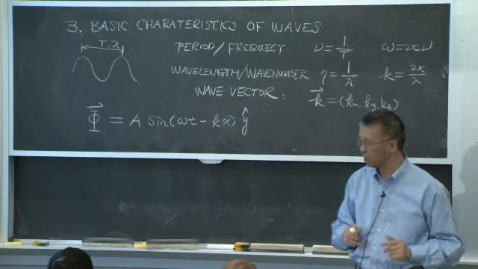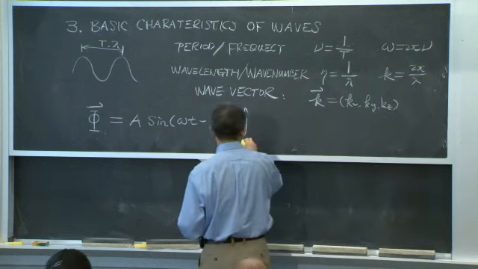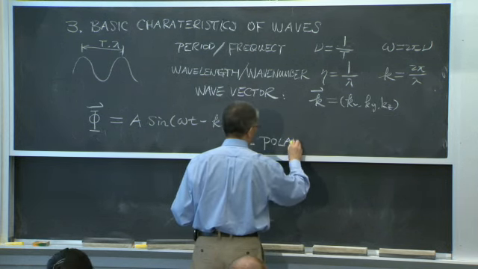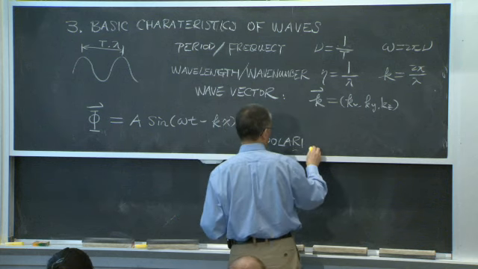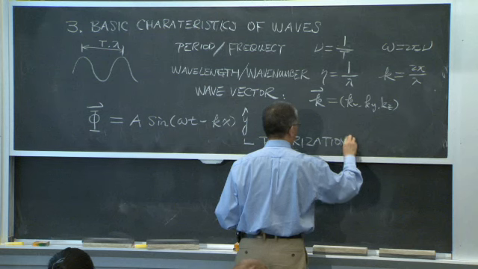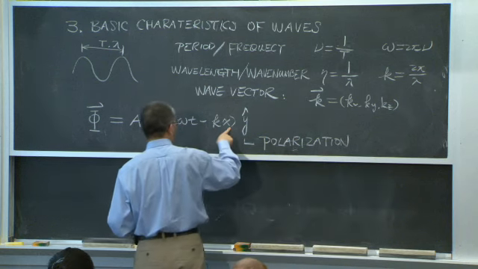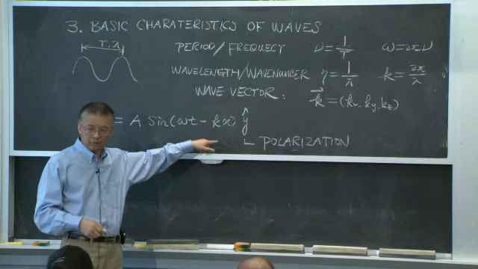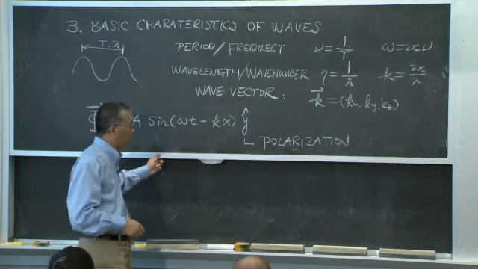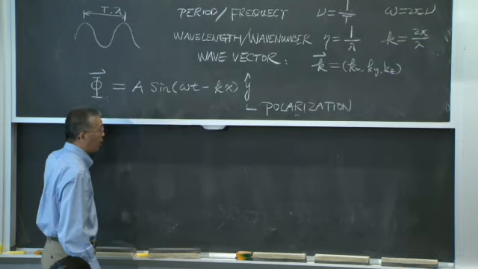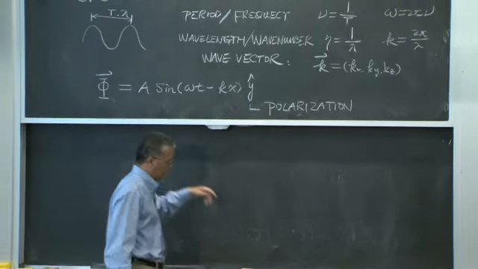So I have two directions, and this I associate with the polarization of the wave. And this x is the wave propagation direction, and y is the field direction. Right? So this is the simple wave.